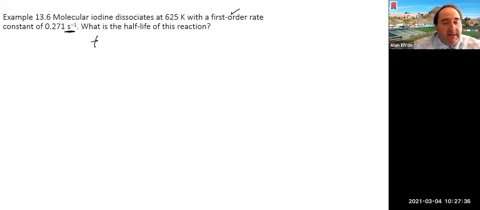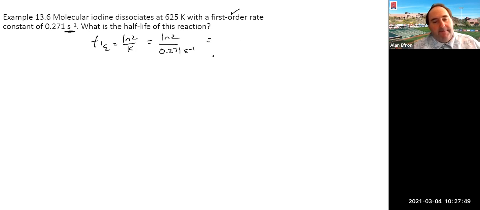Because this again is first order, we want to use the half-life equation specific for first order. In this case, we just need to plug and chug, and our reciprocal seconds will come up on top once we do the division.